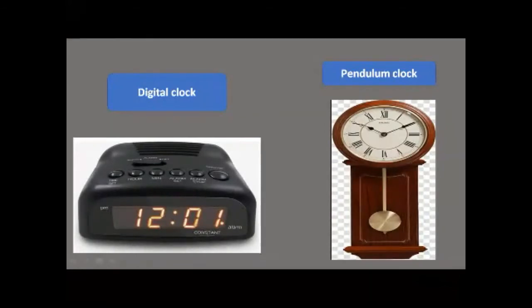And this is the pendulum clock. This clock is like the wall clock, but it has a pendulum. So what is the pendulum? A pendulum is a swinging weight. This pendulum swings back and forth like this. So this is the pendulum clock.